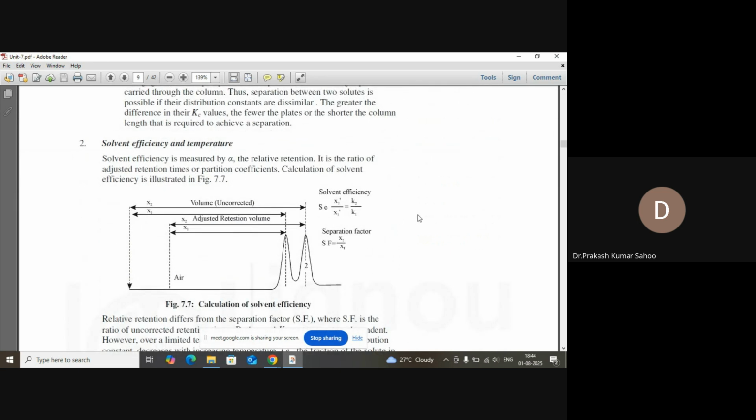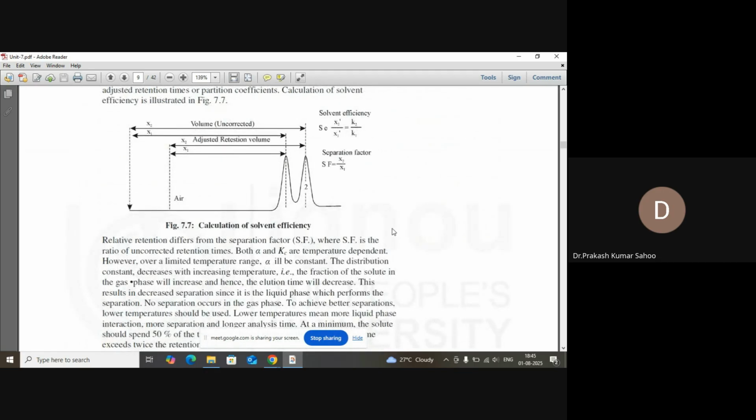Then the solvent efficiency and temperature. As we know, the solvent efficiency and the temperature inside the oven are both dependent on each other. We have the distance covered, that is x1' by x2', and x1' is k2 by k1.